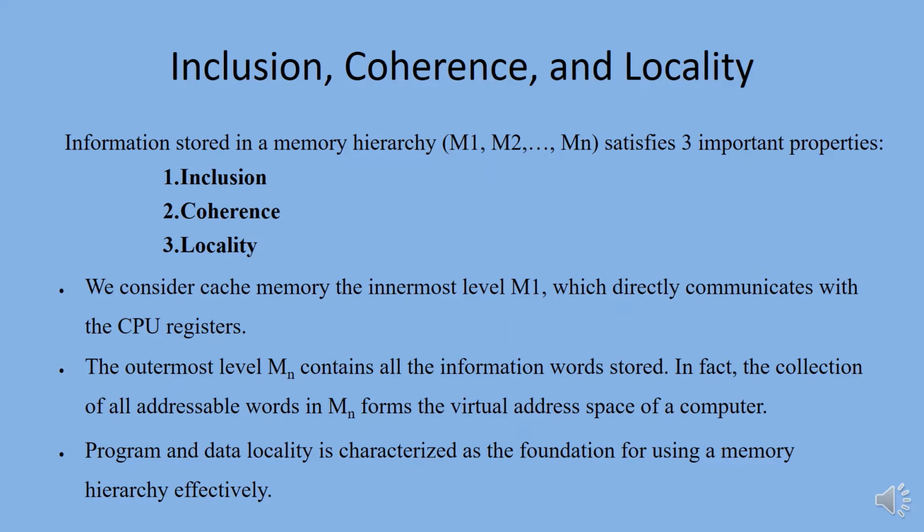The outermost level Mn contains all the information words stored. In fact, the collection of all addressable words in Mn forms the virtual address space of a computer. Program and data locality is characterized as the foundation for using a memory hierarchy effectively.